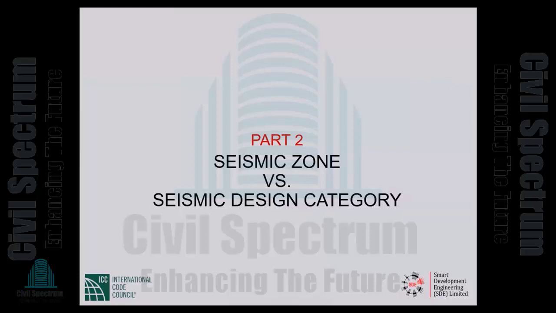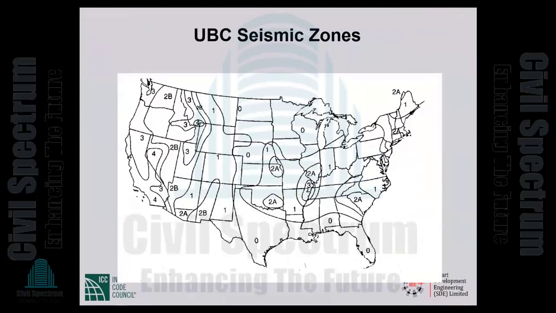Now, in all this time we talked about the design spectrum of BNBC 2020. Let us talk about something extremely important. So, uniform building code comes up in discussion even now. 97 UBC was the last time a US model code had seismic zones in it.